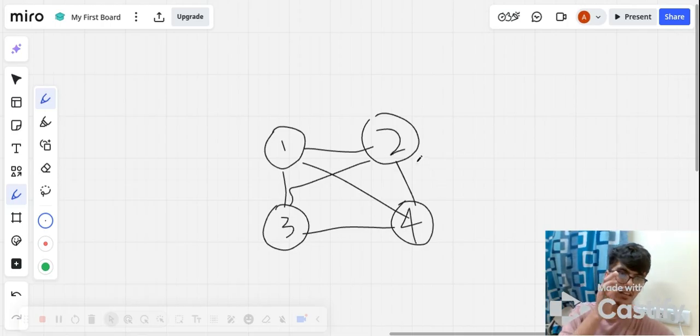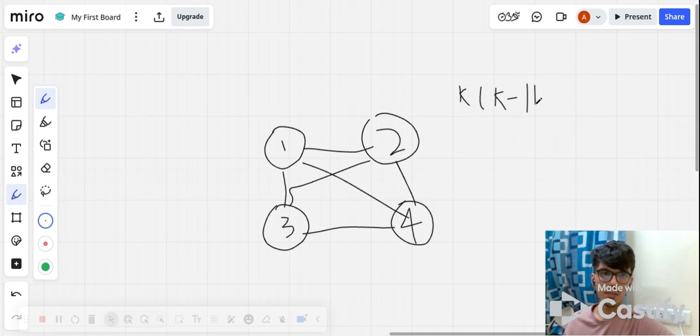Now for an undirected graph, the number of edges in a complete graph will be, see, for this vertex we'll have 1 2 3 connections, for this 1 2 3, for this 1 2 3. So if there are k vertices, then we have k into k minus 1, because that vertex itself will not be counted, divided by 2.